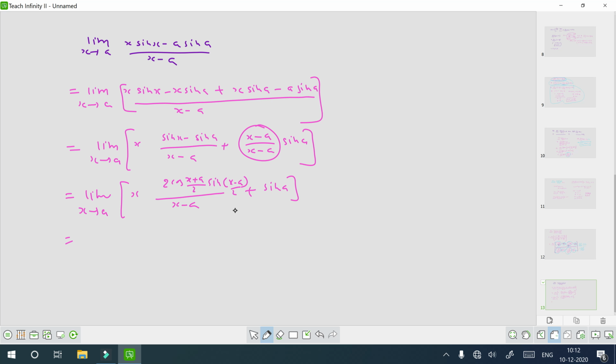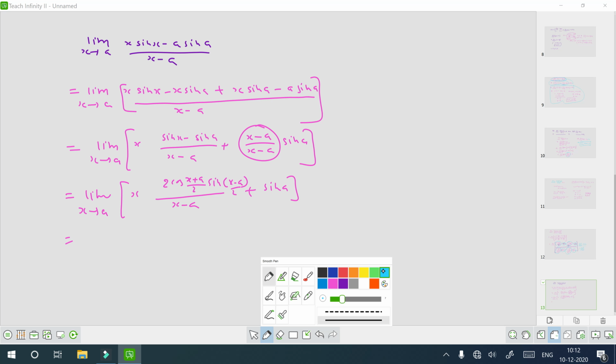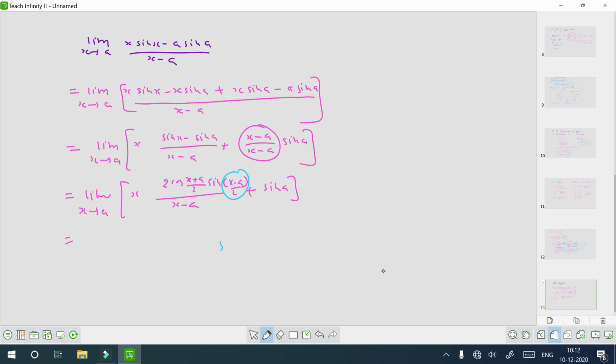Now see here. Now sin of some function is there, over we need the same function tending to 0. Over x minus a is there, so take 2 here. So what do we get? Limit, let us write here, sin (x minus a) by 2 over (x minus a) by 2, where (x minus a) by 2 tends to 0. So this part is taken.